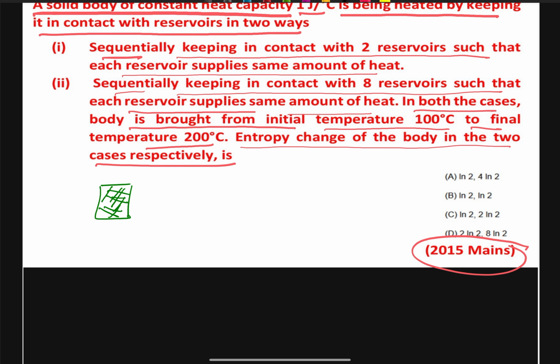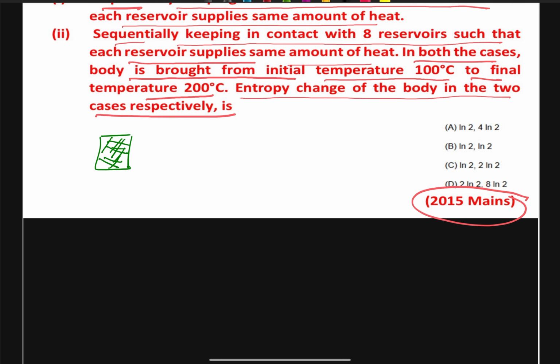In both cases the body has an initial temperature of 100 degrees centigrade and the final temperature is 200 degrees centigrade. And we have to find out the entropy change.